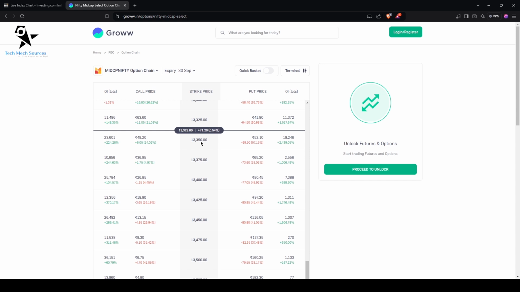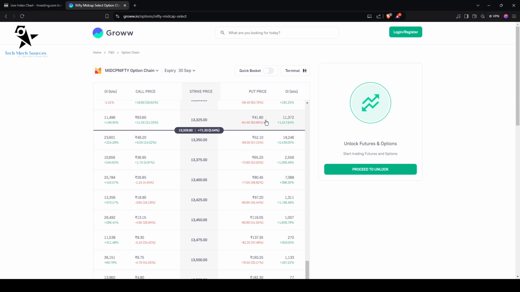It closed at 329. On the call side, if you see the price of the call, the 13,350 call is 49.2 rupees. This is the call side.